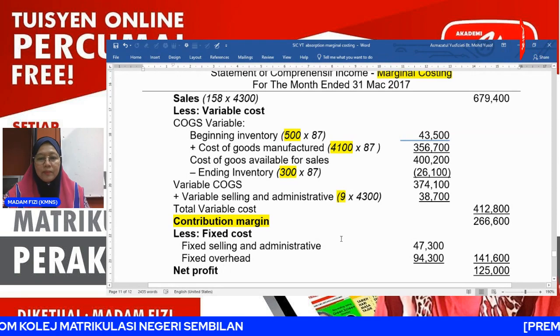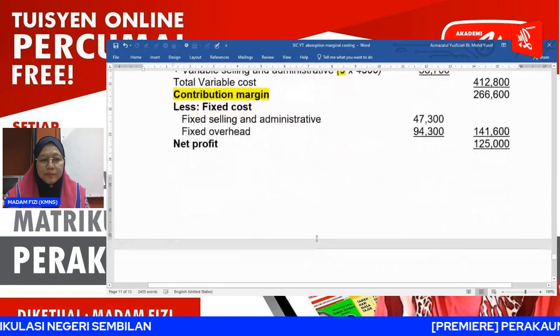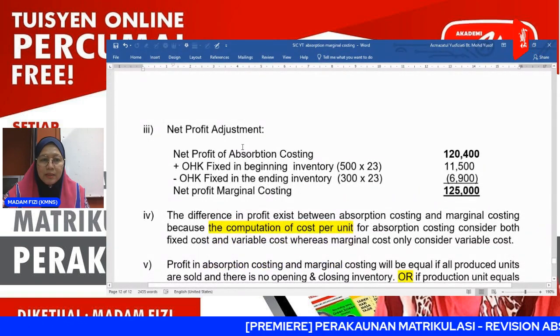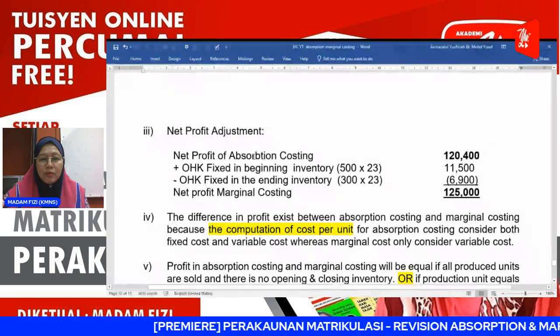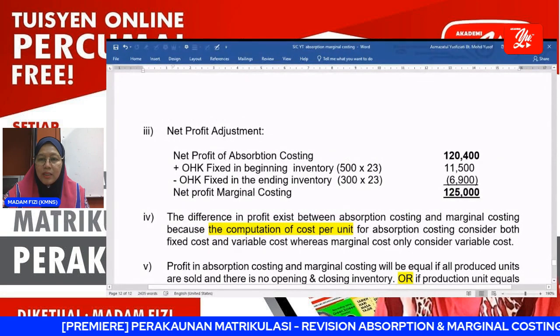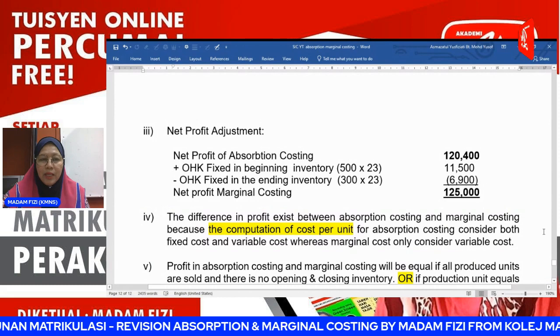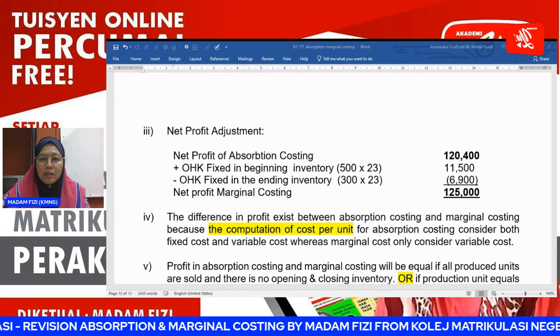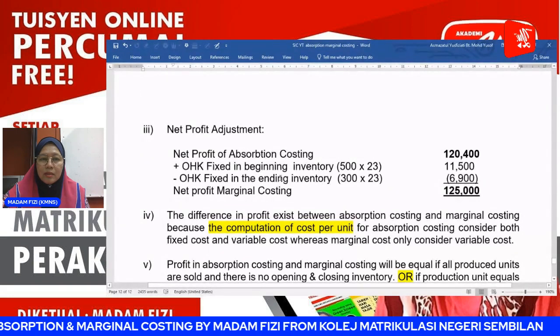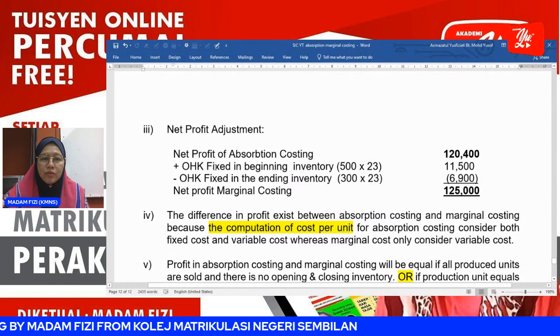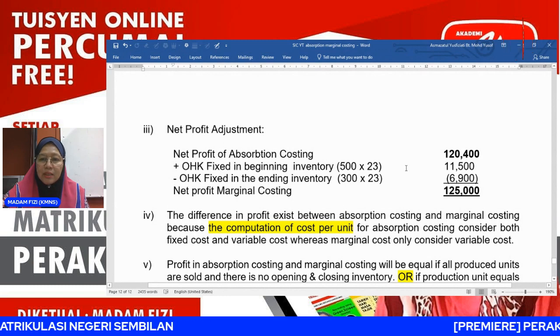Okay, next, the net profit adjustment. Net profit of absorption costing is 120,400 plus the fixed overhead in beginning inventory.